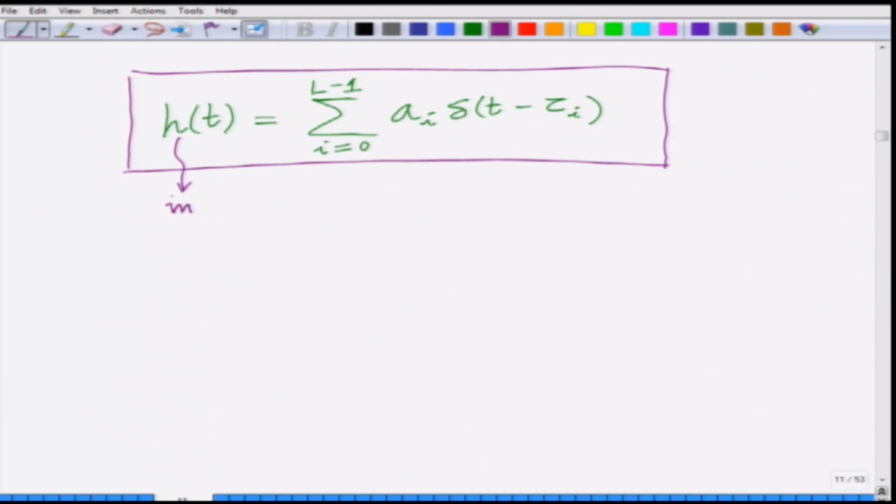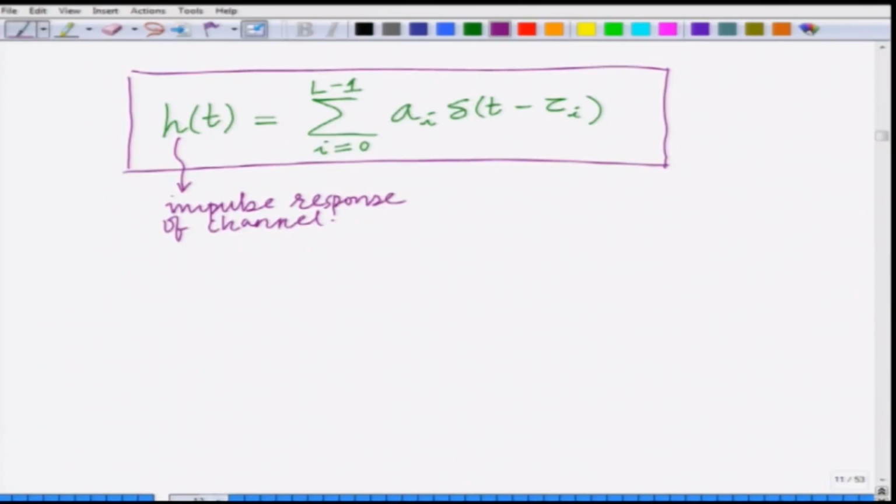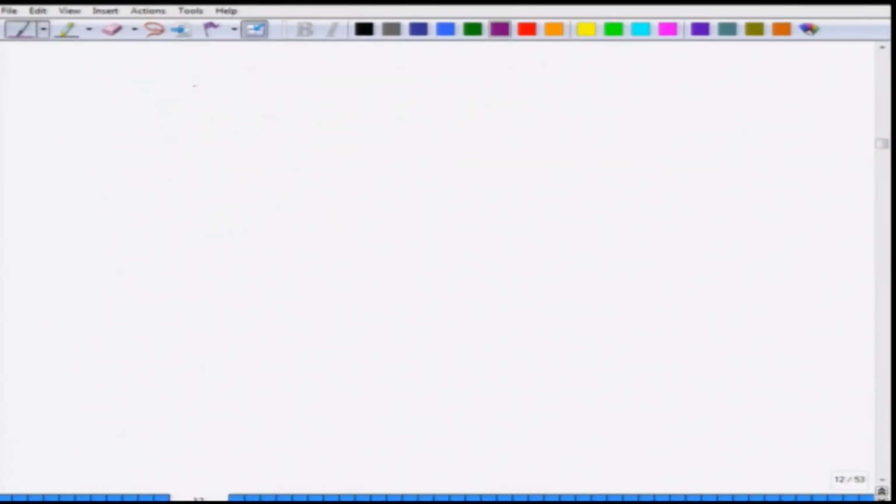This is the impulse response of the channel. So we have been successful in developing the impulse response of the channel, that is, how to model the channel between the transmitter and receiver for this multipath wireless propagation environment. Now, let us look at the transmitted signal in the wireless communication system.